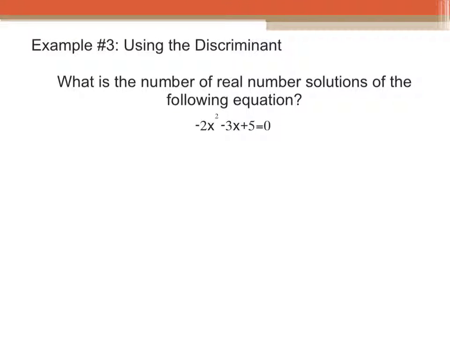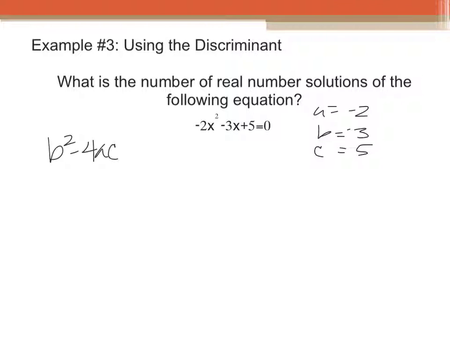In example 3, we're using the discriminant to figure out the number of real number solutions found in this equation. To figure out what the discriminant is, remember that's the radicand of the quadratic formula, so that is b squared minus 4ac. Our a is -2, our b is -3, and our c is 5.